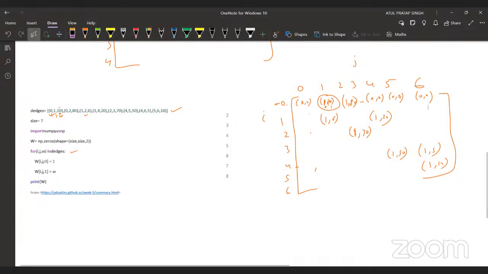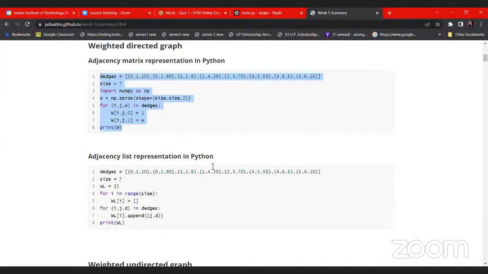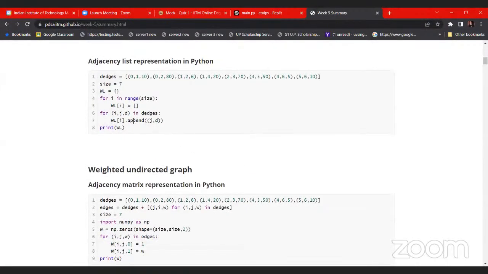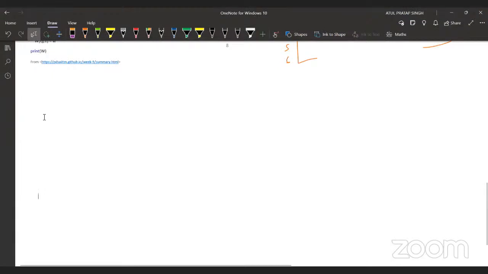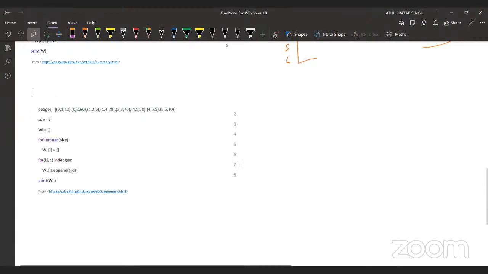The second representation is the adjacency list representation for the graph. Here we will use a dictionary. Now we want to represent the same graph in Python using a dictionary.